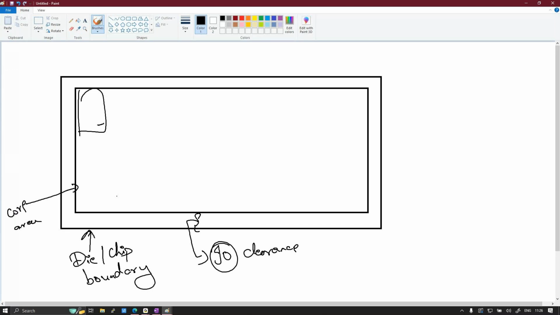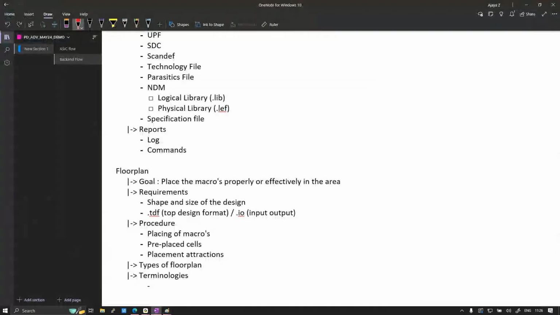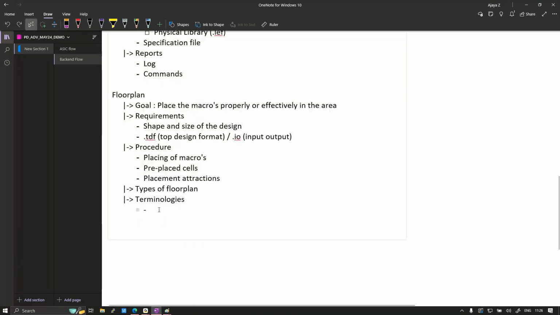What those terminologies are, how they get created, how the core height gets created, everything we will be discussing during the advanced sessions. Okay. And for calculating the core area, what is the formula? Everything will be present in the advanced sessions. So I will write down some terminologies.